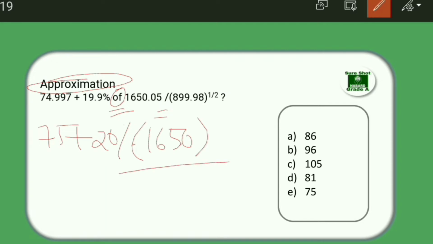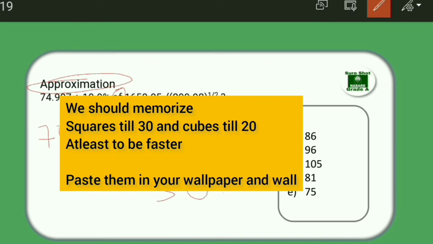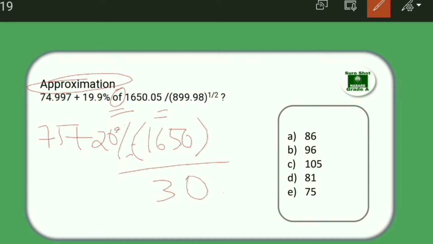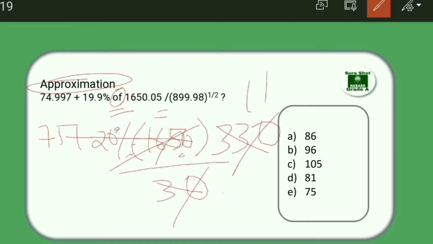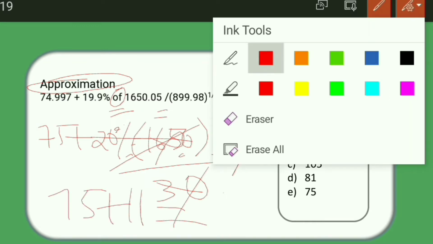What's root 900? 30. We need to find 20% of 1650. What's 10%? 165. What's double of that? To find 20%, it is 330. Here it goes, and it would come to 11. So 75 plus 11 is what?